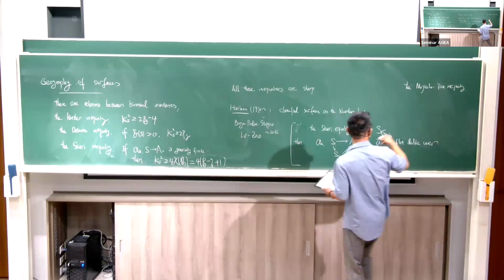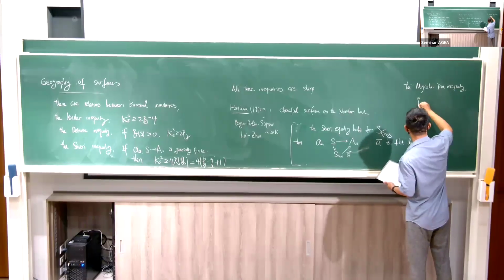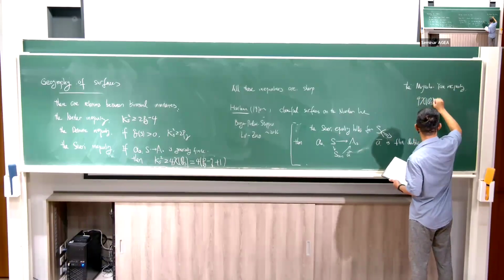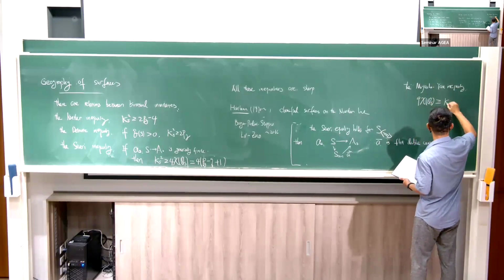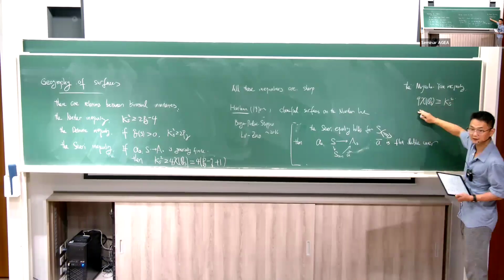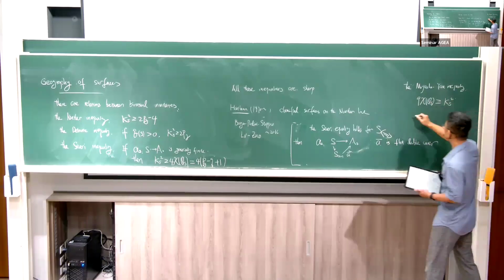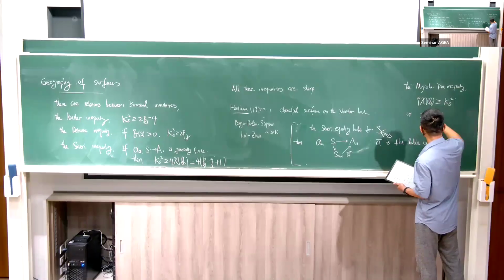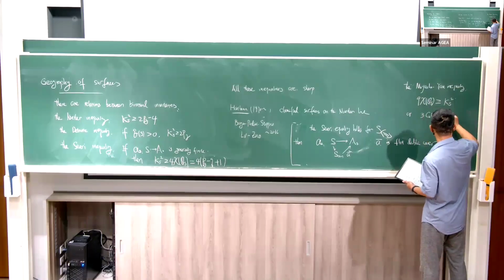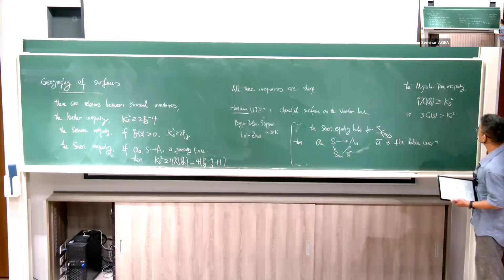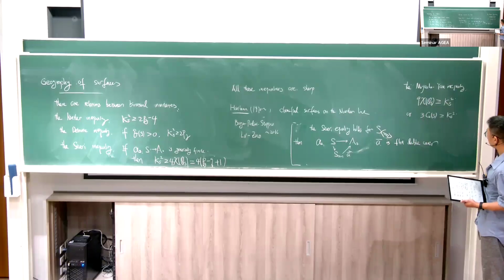It says that in general, for any surface, 9 times the holomorphic Euler characteristic is bigger than K square. So if we put in Noether's equality here, we can also write it as 3 times c2(S) is bigger than K square. Okay, so this is the Miyaoka-Yau inequality.